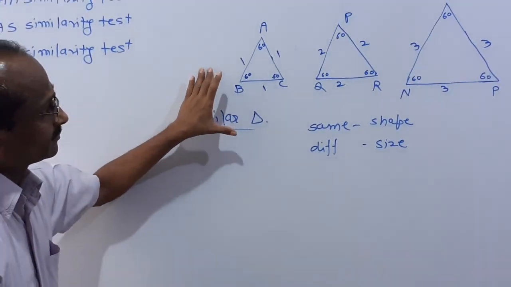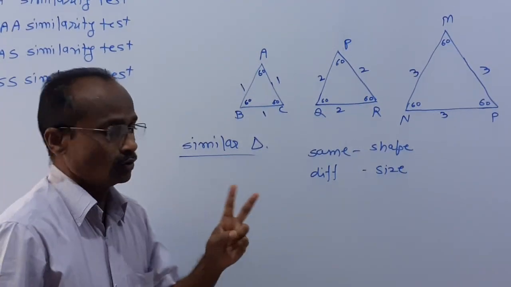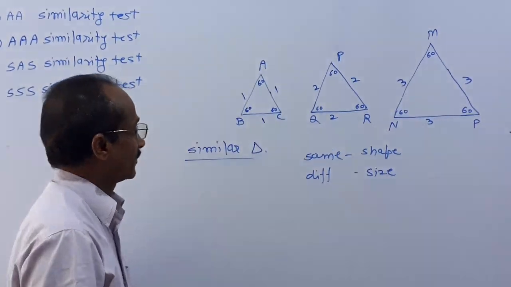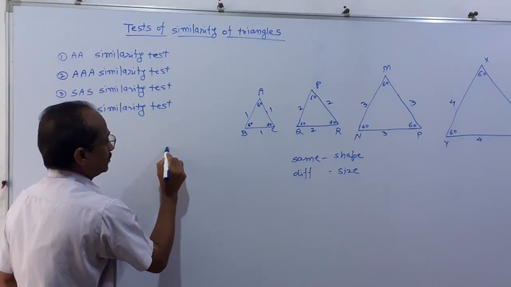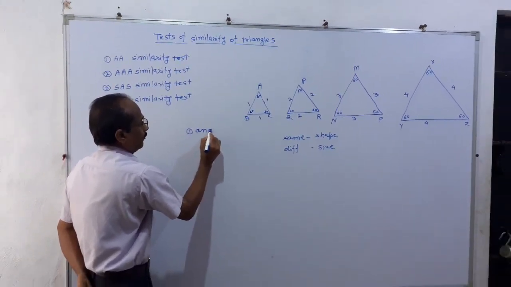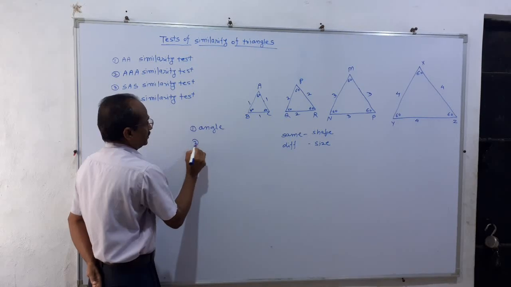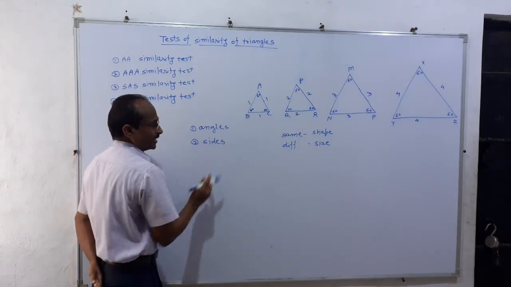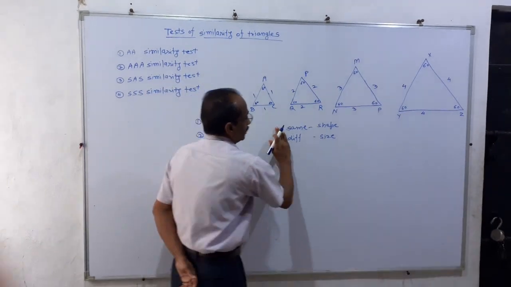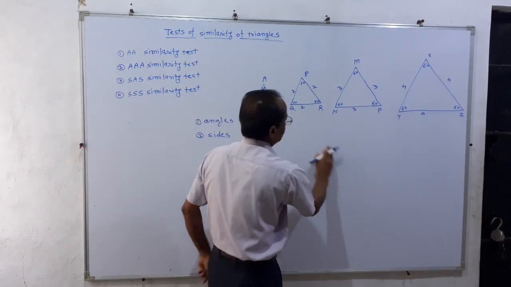It means that in case of similar triangles, two things must be remembered, and these two things are about angles of the triangle and sides of the triangle. What is the observation here?